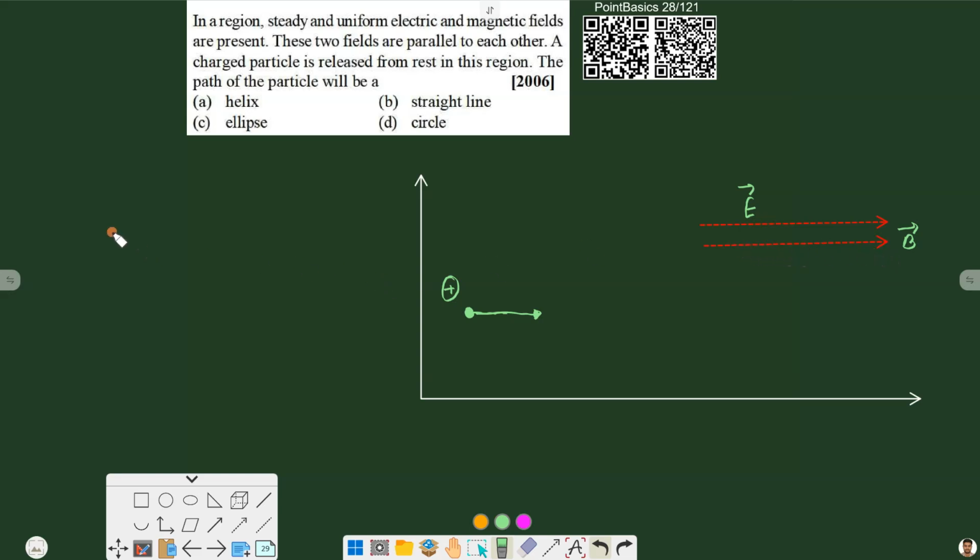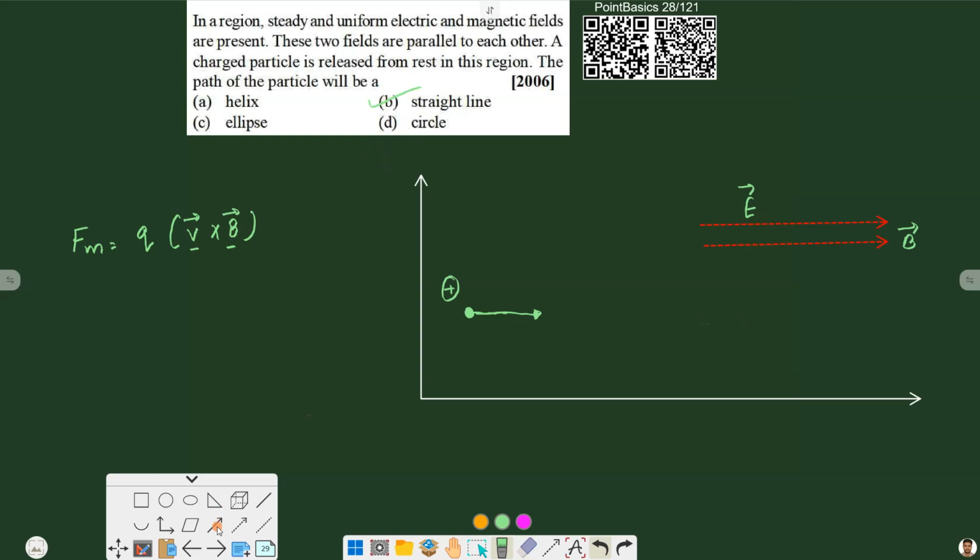So the magnetic force will be q v cross B, and as v and B are both in the same direction, their cross product will be 0. Hence there will be no magnetic force acting on the charged particle, so it will keep on moving in a straight line. So option B will be the right answer.